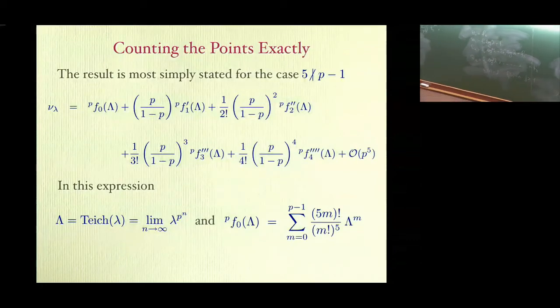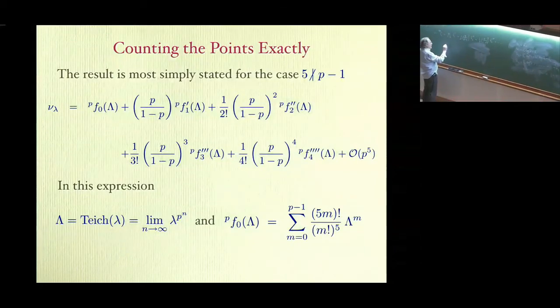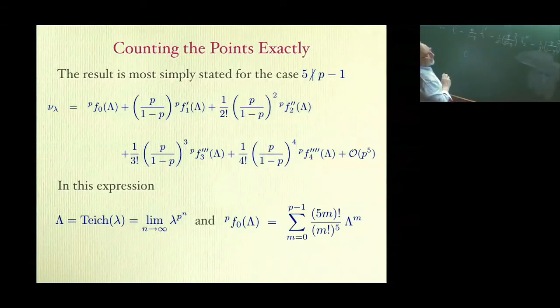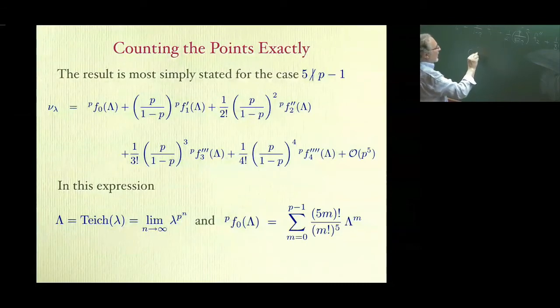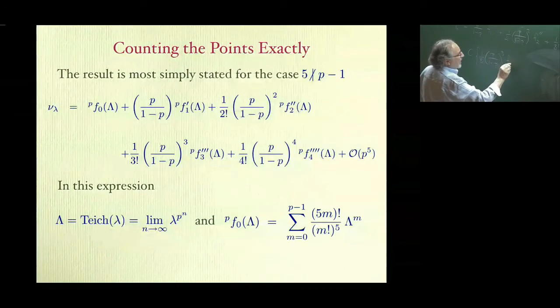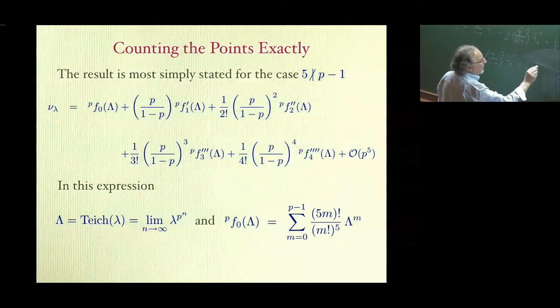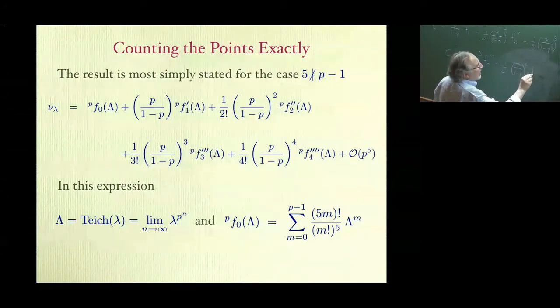And then you find that there's something that you think is a fly in the ointment. So this becomes plus 1 over 3 factorial, p over 1 minus p cubed, f3, and then the next term would be 1 over 4 factorial, p over 1 minus p to the 4th, f4, and so on.